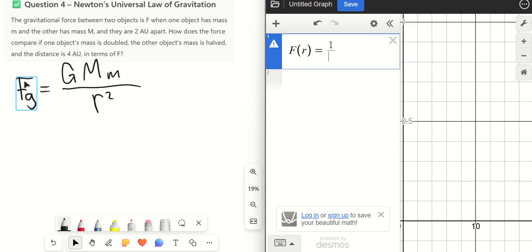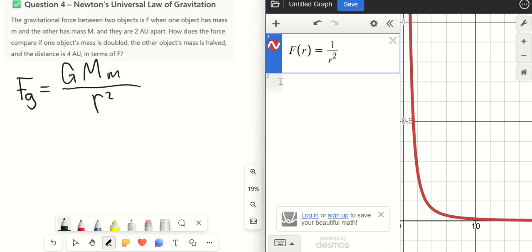So I'm just looking at this variable and this variable. And then I'm going to call this r, and I'm going to square it. So this is the relationship. This is how we can model a relationship. This tells me my force as a function of the radius, so the distance.